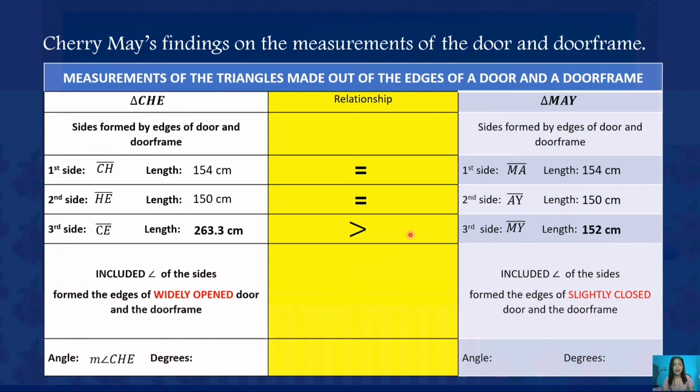So the measure of angle Che is 120 degrees compared to angle May, which is 60 degrees. Mas malaking angle, mas mahabang opposite side. But take note, there are first conditions to consider. So the length of the two sides of the two triangles are congruent.